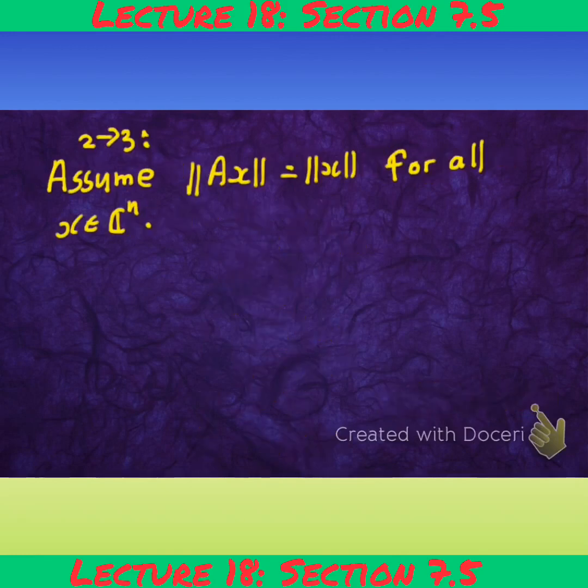Now, to show that 2 implies 3, let's assume 2 is true. So assume the norm of AX is equal to the norm of X for all complex column vectors. And so now we need to prove property 3.